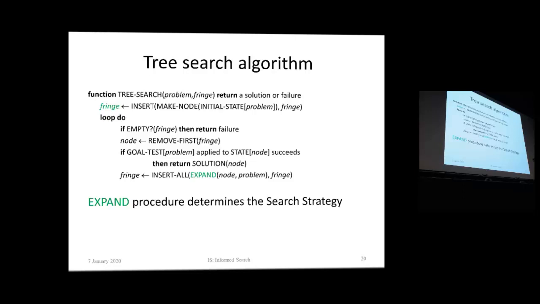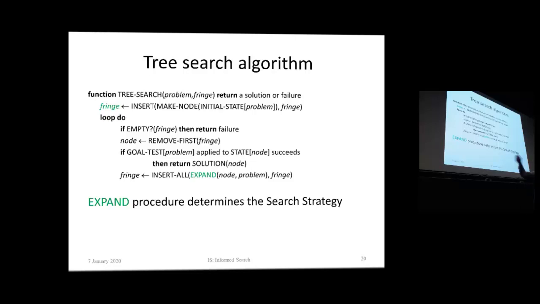If it's not empty, then we take the first node out of the fringe, and then we check whether the node that we take out of the list is a solution. If it's not, then we just expand the node and add it to the fringe.